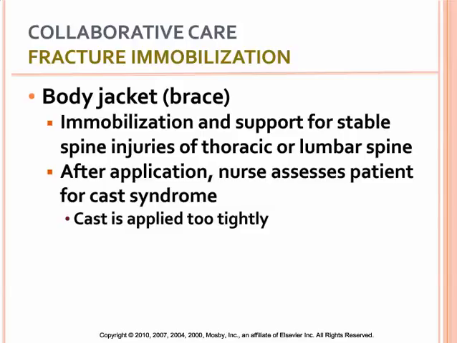With cast syndrome, the patient will generally complain of abdominal pain, abdominal pressure, nausea, or vomiting. Treatment includes gastric decompression with a nasogastric tube and suction, and the cast may need to be split or removed.